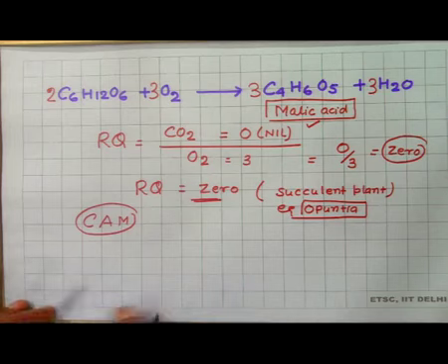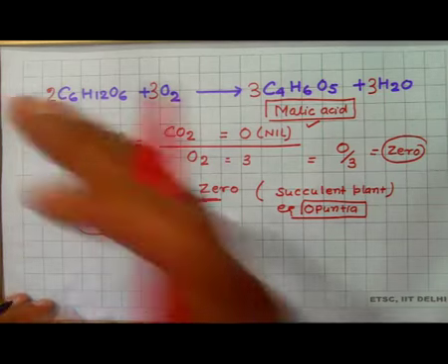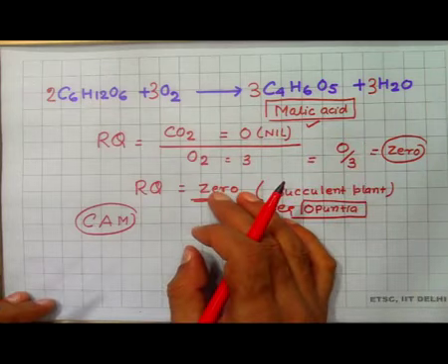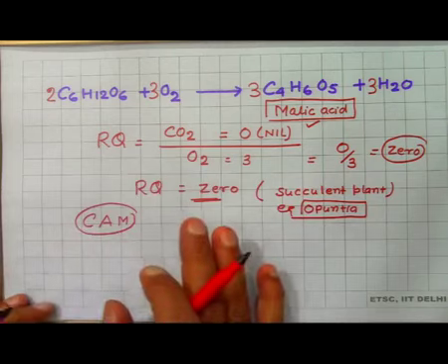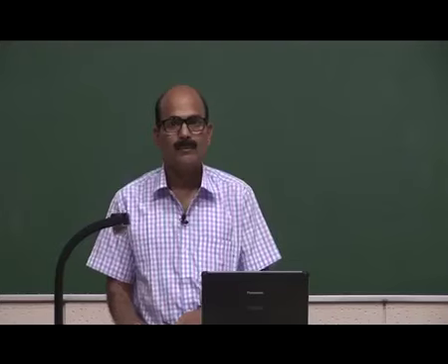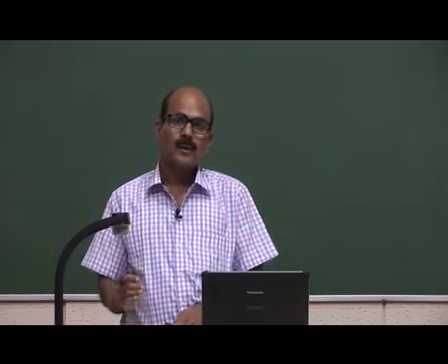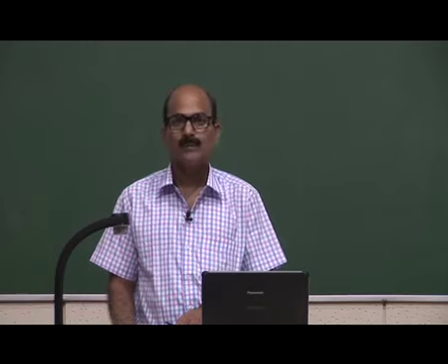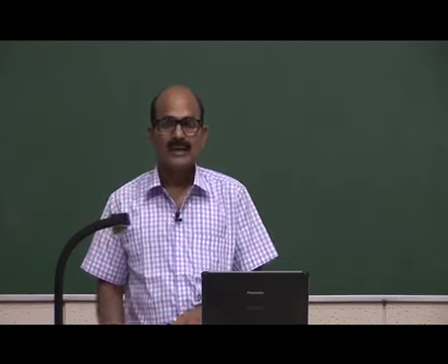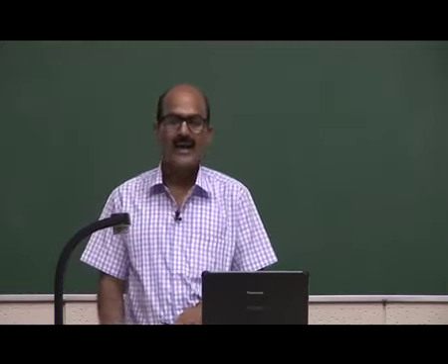So, now here we will find that when RQ is 1, the substrate will be carbohydrate. When RQ is less than 1, the substrate will be protein or fat. When RQ is exactly 0.5, that will be protein, and greater than 0.5, that will be fat.